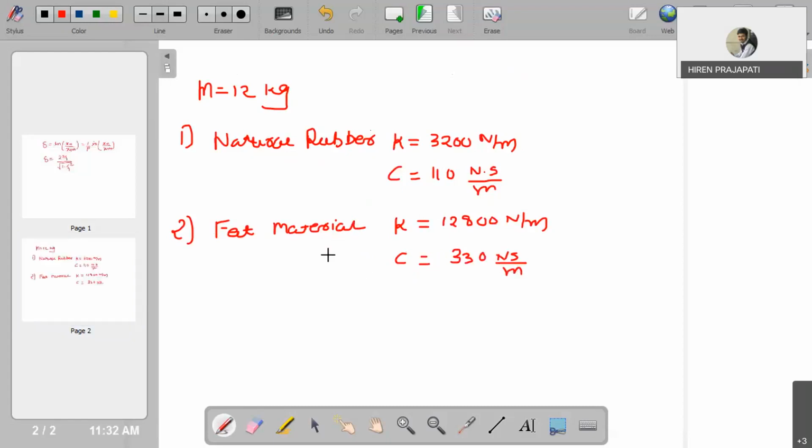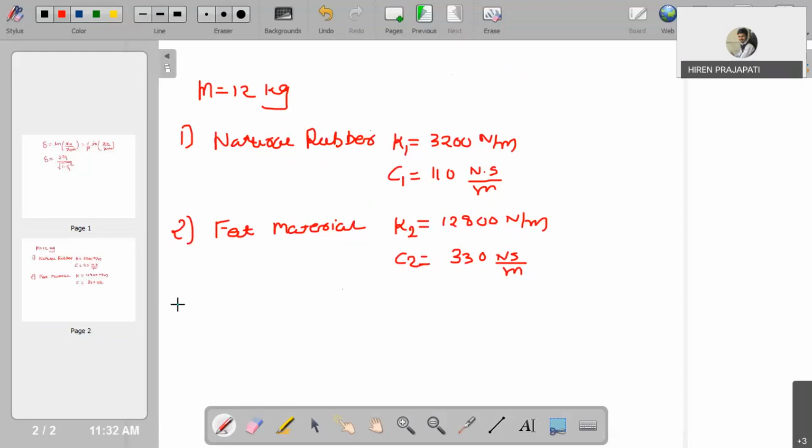Suppose for natural rubber I use suffix 1, so K1 and C1, and for felt material suffix 2, so K2 and C2.